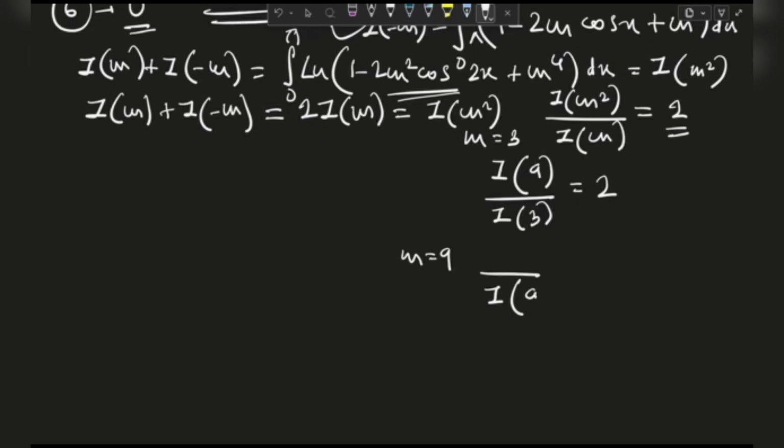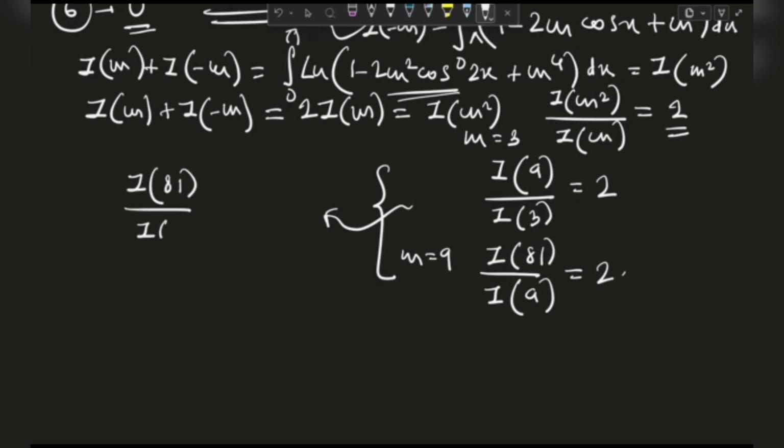So I81 by I9 also comes out to be 2. If we multiply these two expressions, I of 9 gets cancelled and we get our desired result. So I81 by I3 comes out to be 4. That's the final answer to this question.